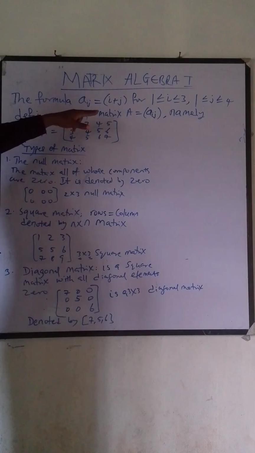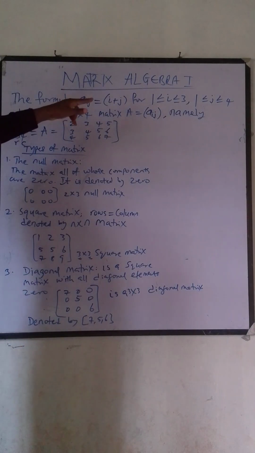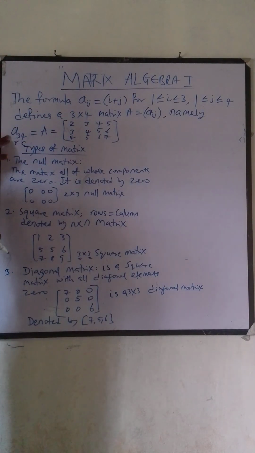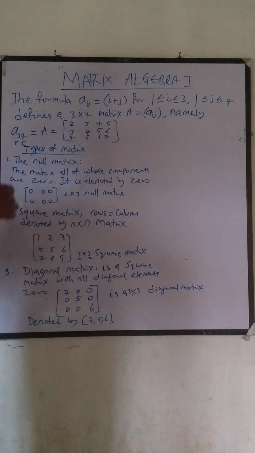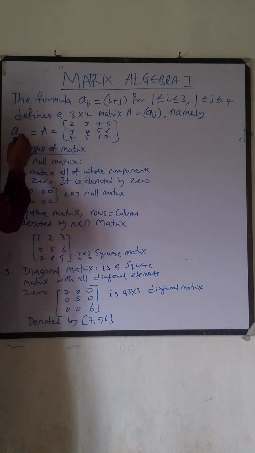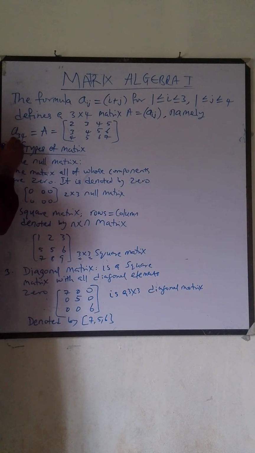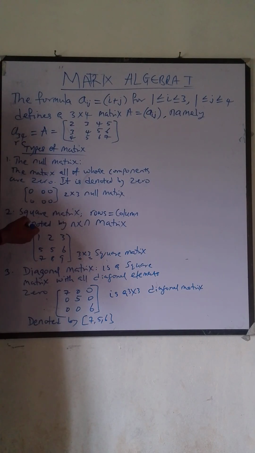The same is equal to A equals A of the a_ij, namely. Are you getting the point now? 3 by 4 is a 3 by 4 matrix, which is this. And I explained earlier what I mean. The first figure here represents rows, the 4 here represents columns.